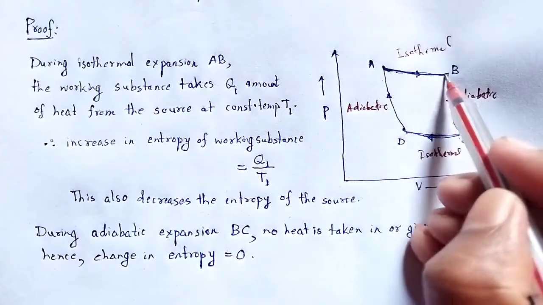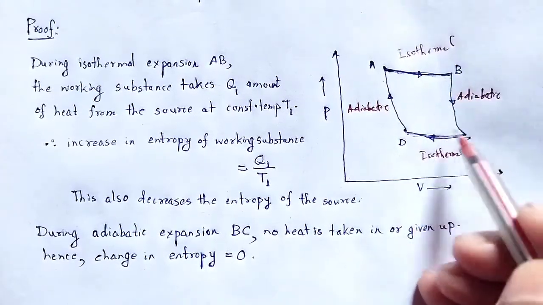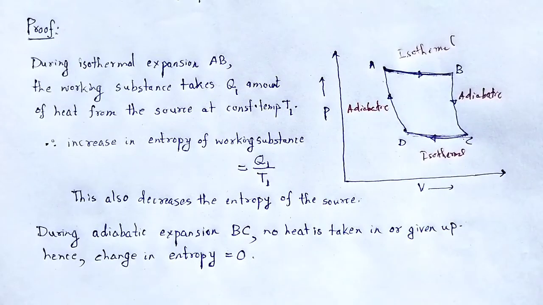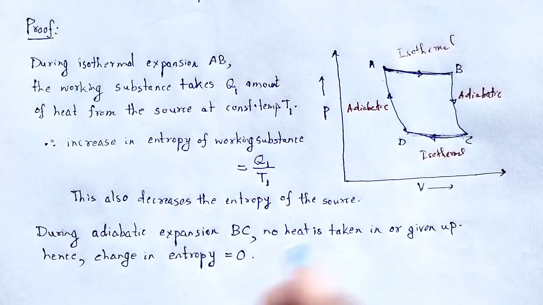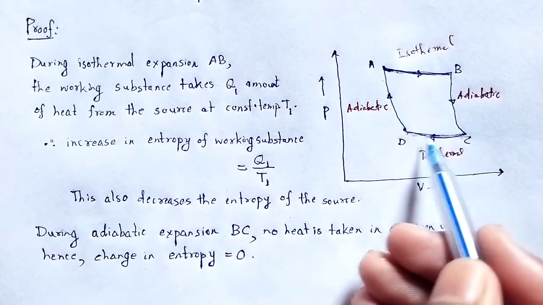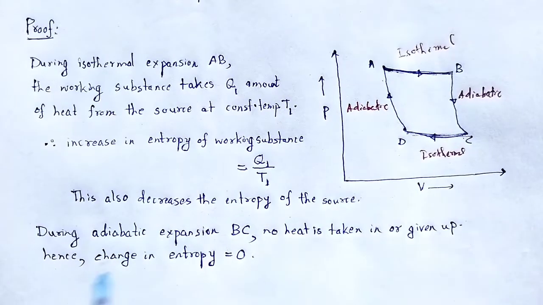Here is the expansion, here is the compression, here is the expansion, here is the compression. Now CD, the isothermal compression, what should be the change in entropy?